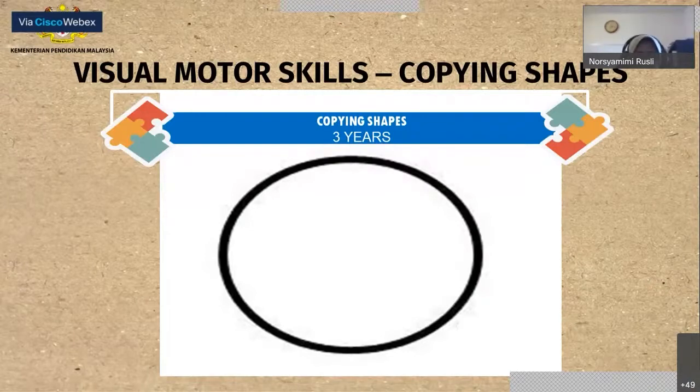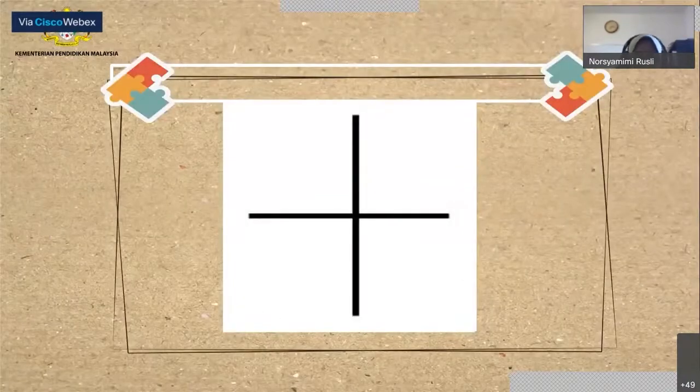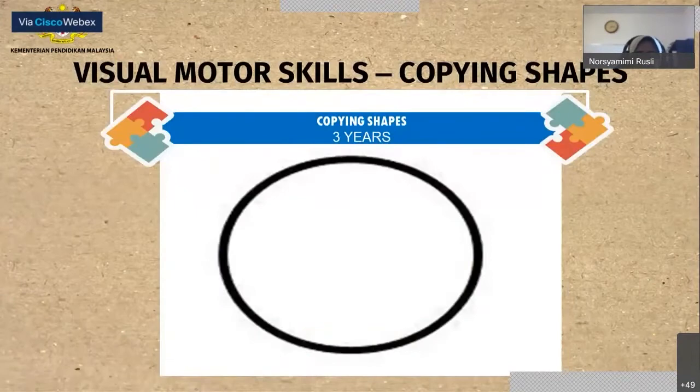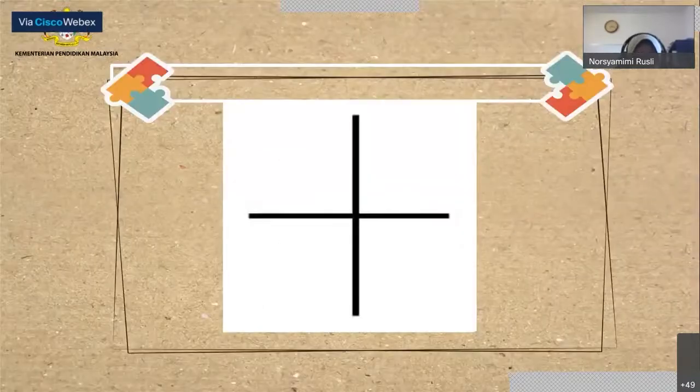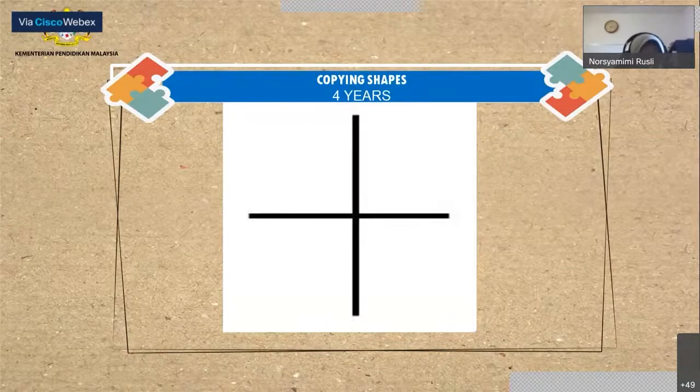So you may need to ask your students, can you draw a circle for me? Next one is the cross. Ask your student to copy cross shapes like this. It is expected that at the age of 4 years old, the student can copy this shape.